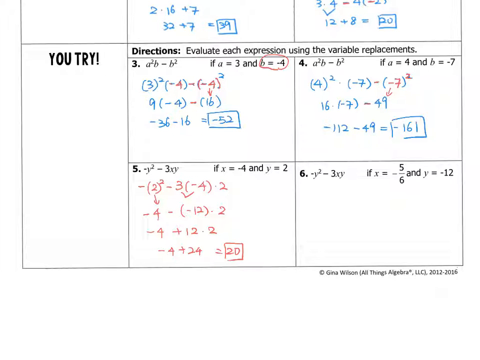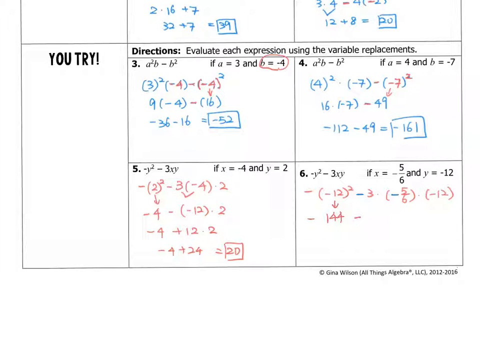Number 6. y squared first. y is negative 12 squared minus 3 times x is negative 5 over 6 times y. So now again, over here, the negative sign comes down. This becomes 144 positive minus. Over here, I have a double negative. I can do this double negative, it may be the easiest.